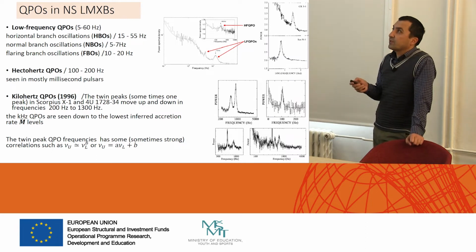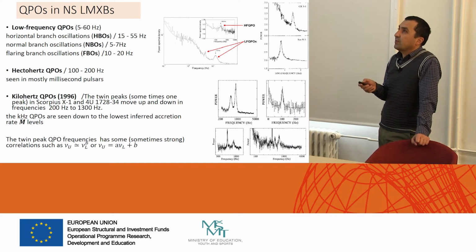From 5 up to 7 it is normal branch oscillations, from 7 up to 20 it is flaring branch oscillations, from 15 to 55 it is horizontal branch oscillations, and hectohertz is from 100 up to 200.